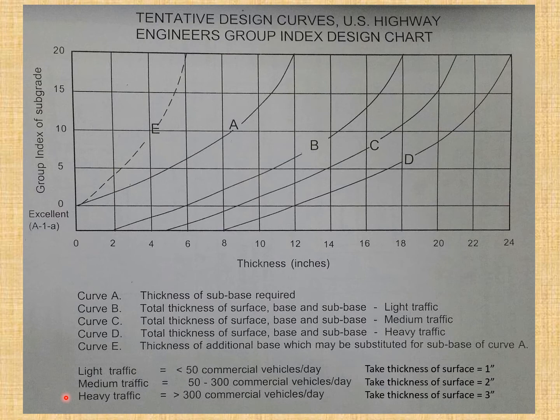And remember that in the case of light traffic, thickness of surface is equal to 1 inch. Thickness of surface is equal to 2 inches in the case of medium traffic, and in the case of heavy traffic 3 inches will be taken for the thickness of surface.